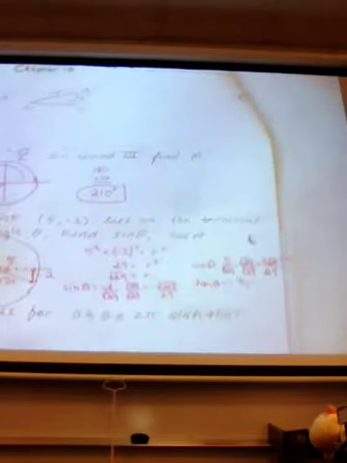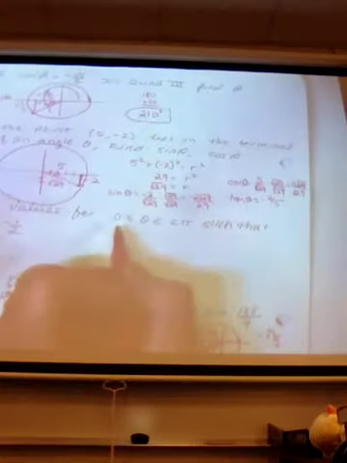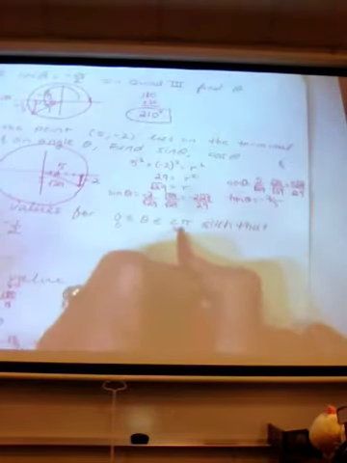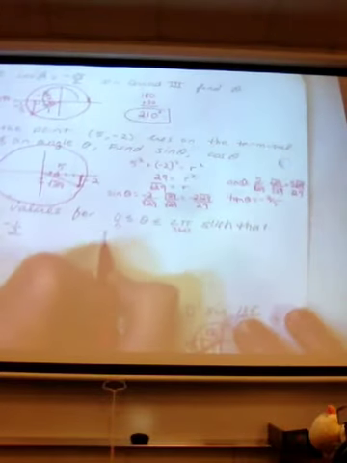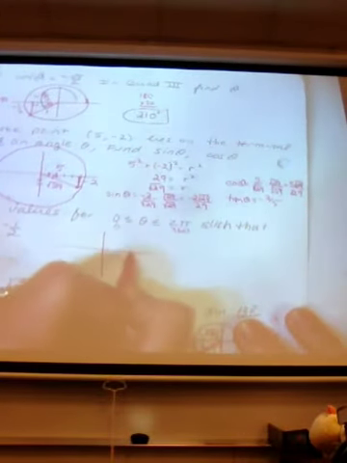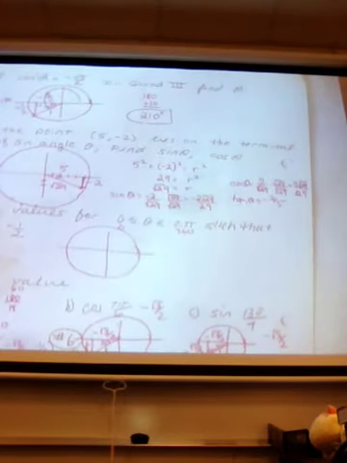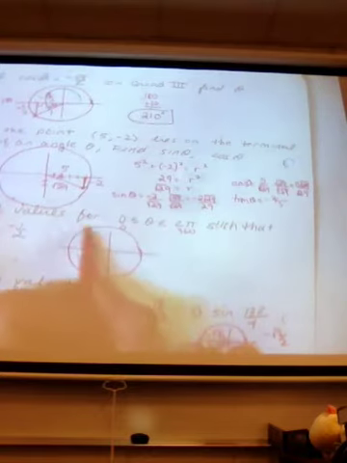Okay, last one, and this is key. When it says between 0 and 2 pi, what does that really mean in degrees? 0 to 360. So we're looking for all the values where the sine is negative 1/2. Where is the sine negative? On the left side over here, in the second and third?